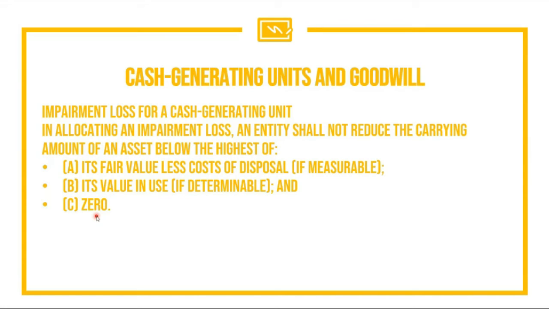Okay? And of course, an asset cannot absorb impairment beyond its carrying amount. So let's say for example, you were able to compute the impairment loss allocation to equipment B at 500,000. However, equipment B only has a 400,000 carrying amount.